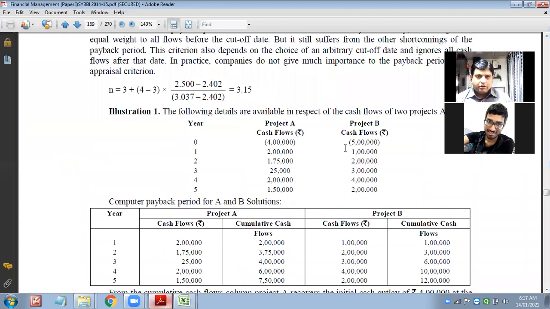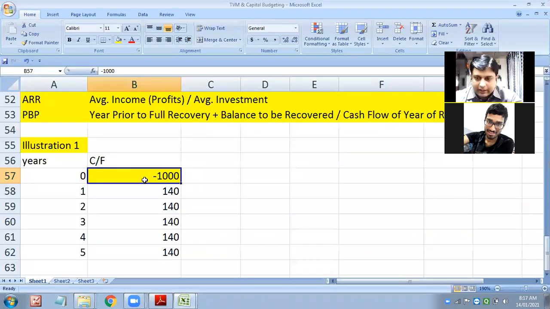Project A, Project B. Following details are available in respect of cash flow of two projects, A and B. Just remind me, 4 lakh, then 2 lakh, 1 lakh 75,000, 25,000. So it is 4 lakhs.